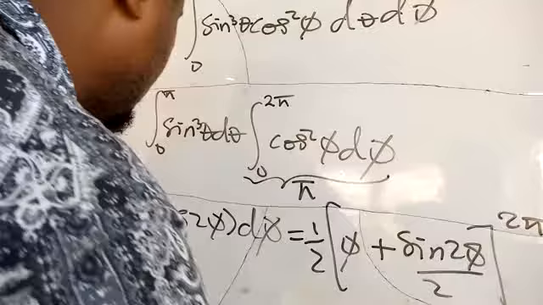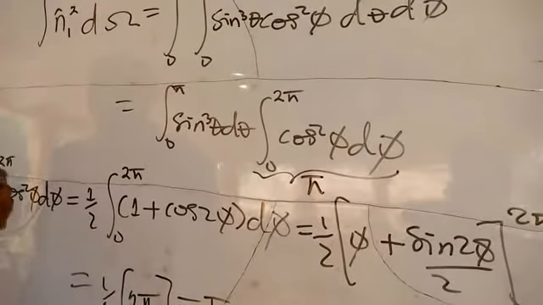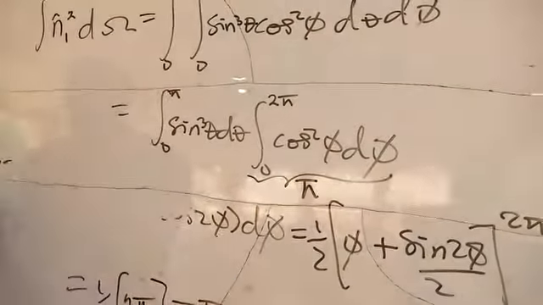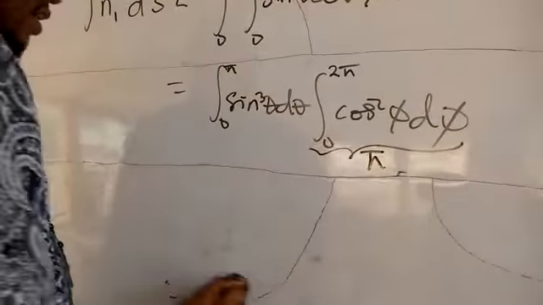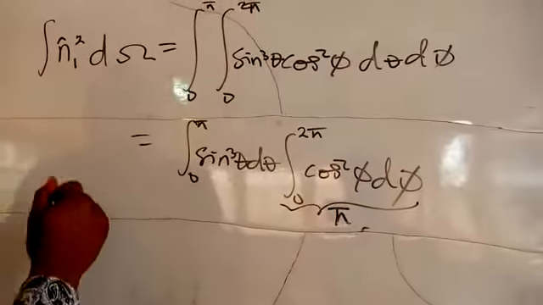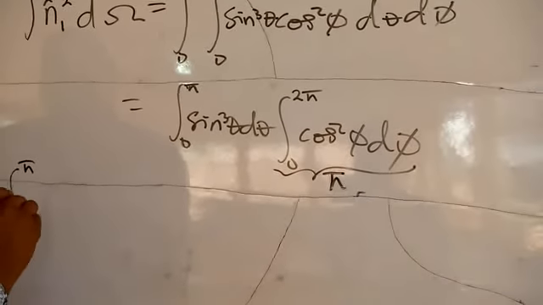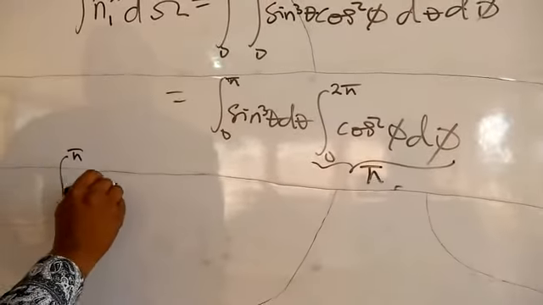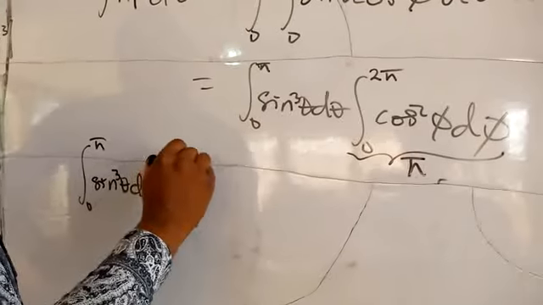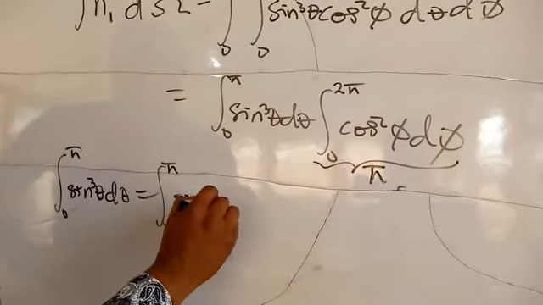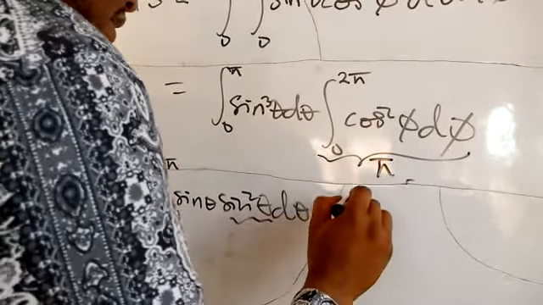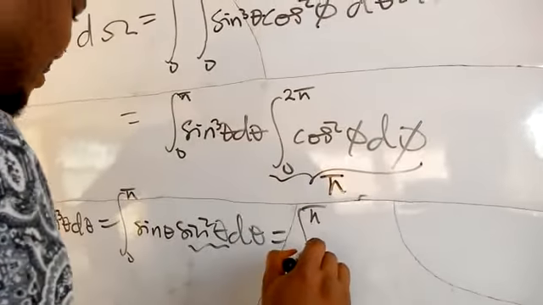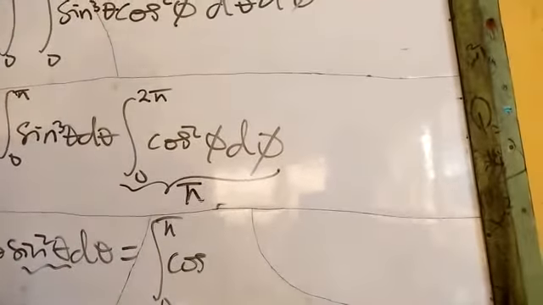And now I have to contend with the next term over there, which is the integral of sine cube theta. And the integral of sine cube theta, of course, this is 0 to pi, sine cube theta d theta, as usual. You can say sine theta, sine squared theta d theta.